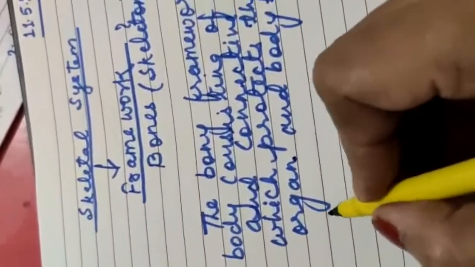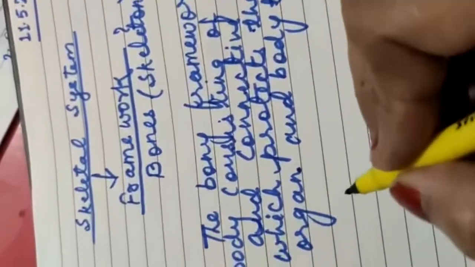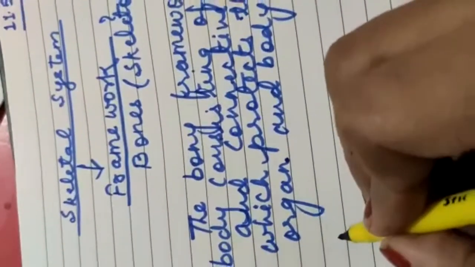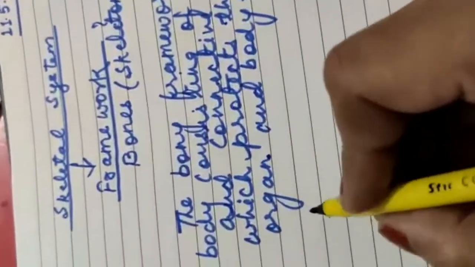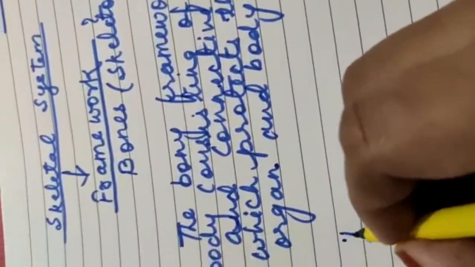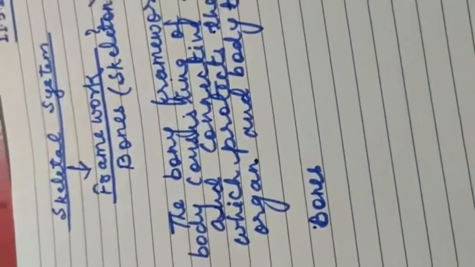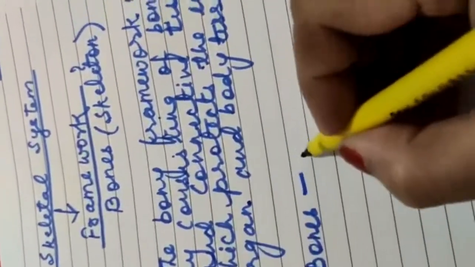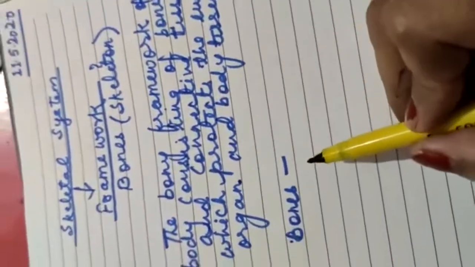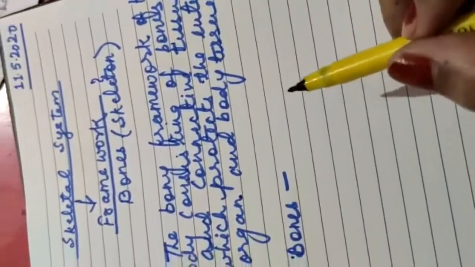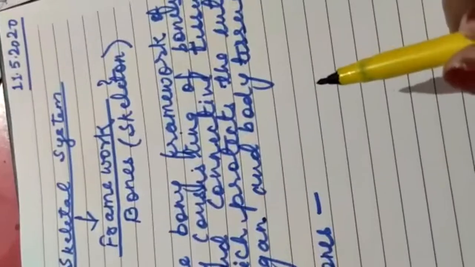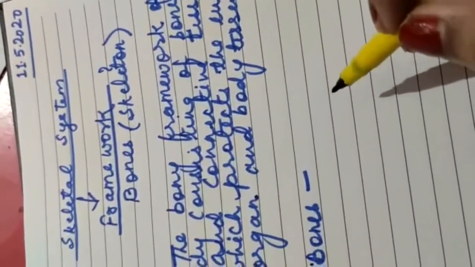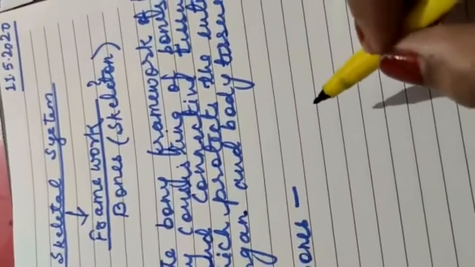Now, besides bones, the skeletal system includes cartilage, ligament and tendon. I have explained bones here. What are bones? Bones are one of the hardest parts inside the body, covered with muscles and skin, and made up of calcium and phosphorus. Bones have nerves and blood vessels too.